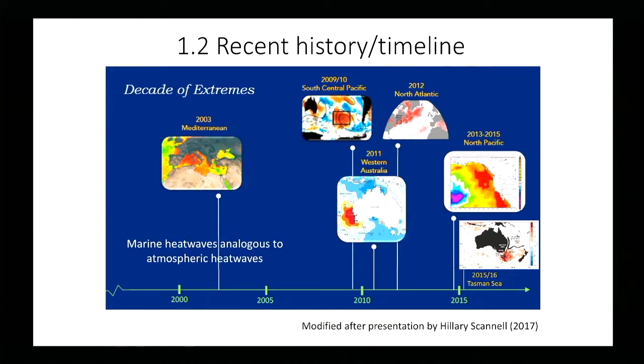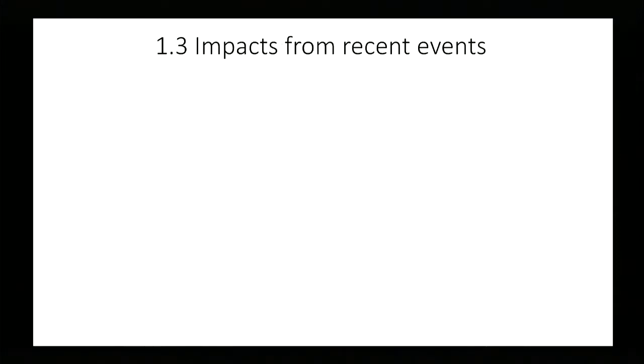The WA marine heat wave in 2011 that had very devastating consequences, as I said, for habitats and species off Western Australia at the time. That's been more recently called the Ningaloo Nino. North Atlantic marine heat wave that had impacts on lobster, the Blob here, 2013 to 2015, and the 2015-16 Tasman Sea marine heat wave that had quite strong influences on the aquaculture industry in Tasmania.